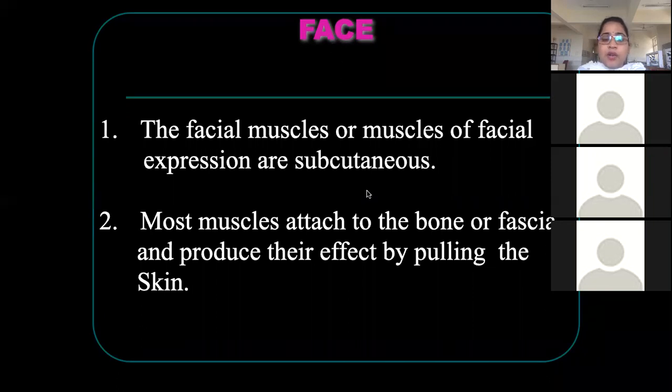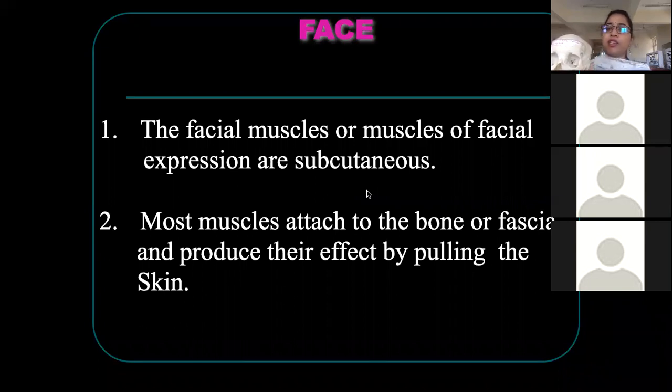Right. Now, next, what you have to understand is that these muscles are attached to the bone. So we have this skull here, and these muscles attach at different parts of the bone and also to the skin and fascia. They don't have a complete bony attachment.